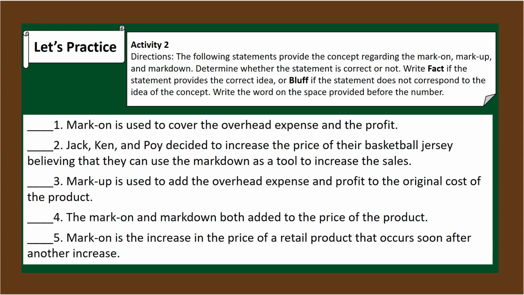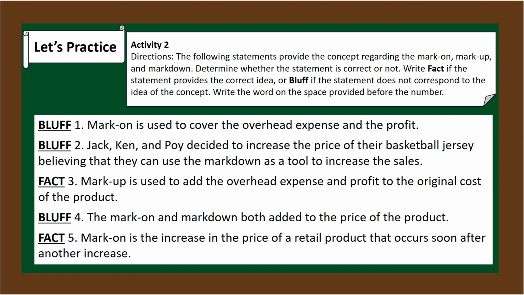Write fact if the statement provides the correct idea, or bluff if the statement does not correspond to the idea of the concept. Write the word on the space provided before the number. The correct answer is very good.